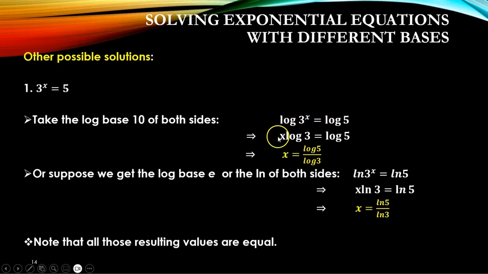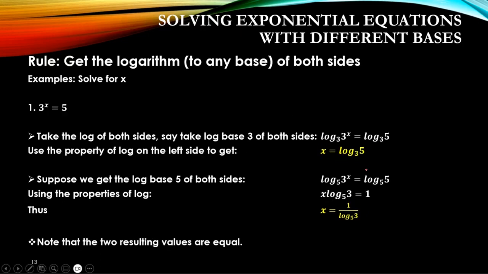The x goes down to the front, and then I isolate x, I divide everything by logarithm of 3. So the answer could be logarithm of 5 over logarithm of 3. And then if you can recall one of our laws of logarithms, I can say that this is basically logarithm of 5 base 3, which is actually the first answer.